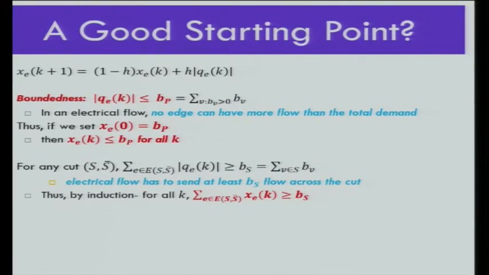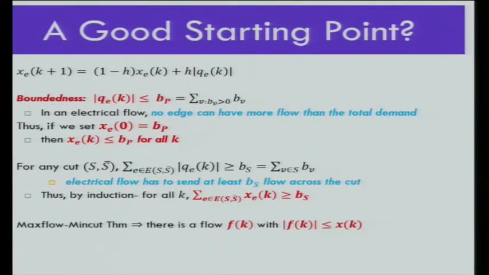So initially it is true, and then at every step it is true. This is very nice, because this allows us to use the Max-Flow-Min-Cut theorem. And it implies that there exists a flow, which again will depend upon k, which is bounded by x.